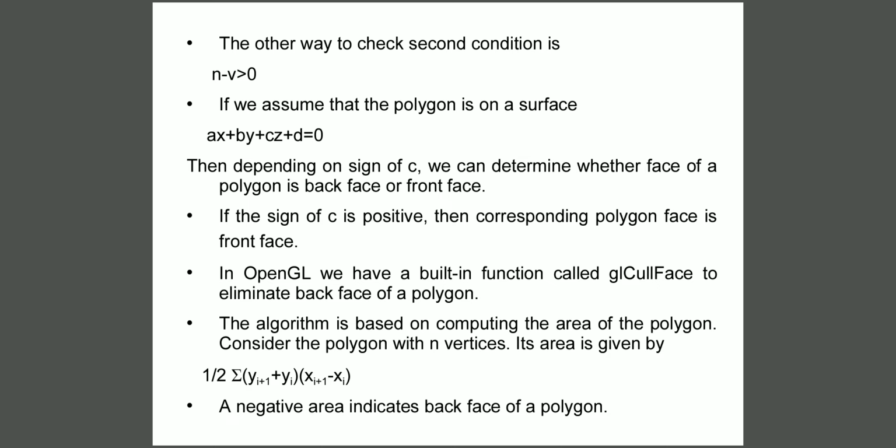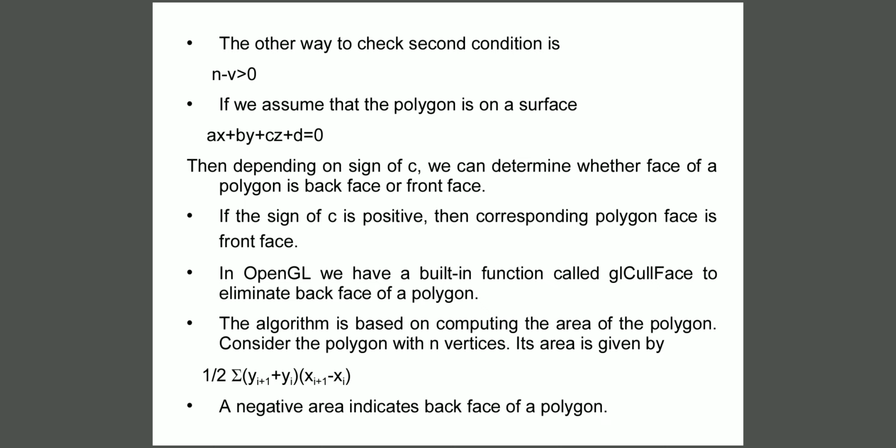In OpenGL, we have a built-in function called glCullFace, which is used to remove back faces of a polygon. This algorithm is based on computing the area of a polygon. Now assume we have a polygon with n vertices, then the area can be given as 1 by 2 into the summation of (y(i+1) + y(i)) into (x(i+1) - x(i)).